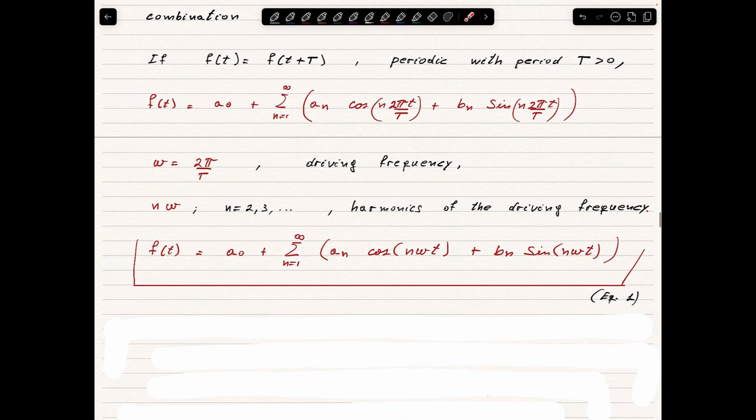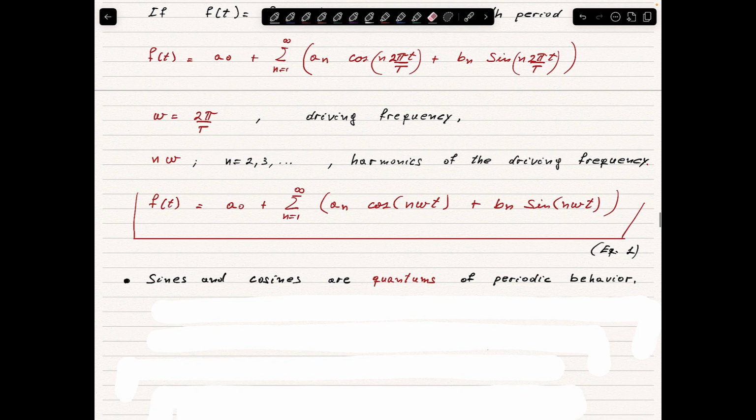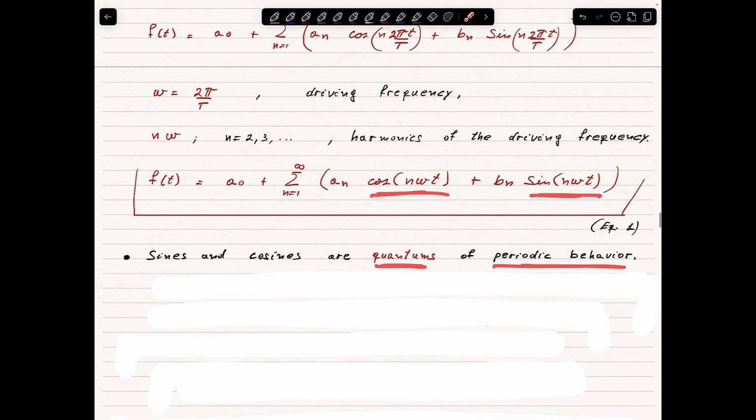Each particular term in this infinite sum, given by a coefficient times the cosine, or a coefficient times the sine function, these sine and cosine terms are quanta of periodic behavior. Any periodic behavior in this function is a linear combination of these units of quantum behavior.